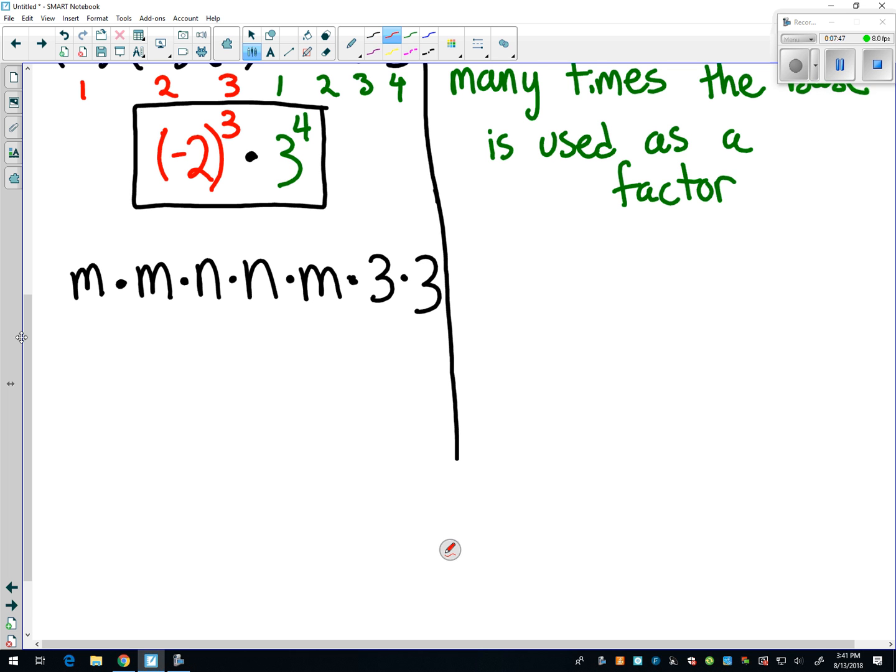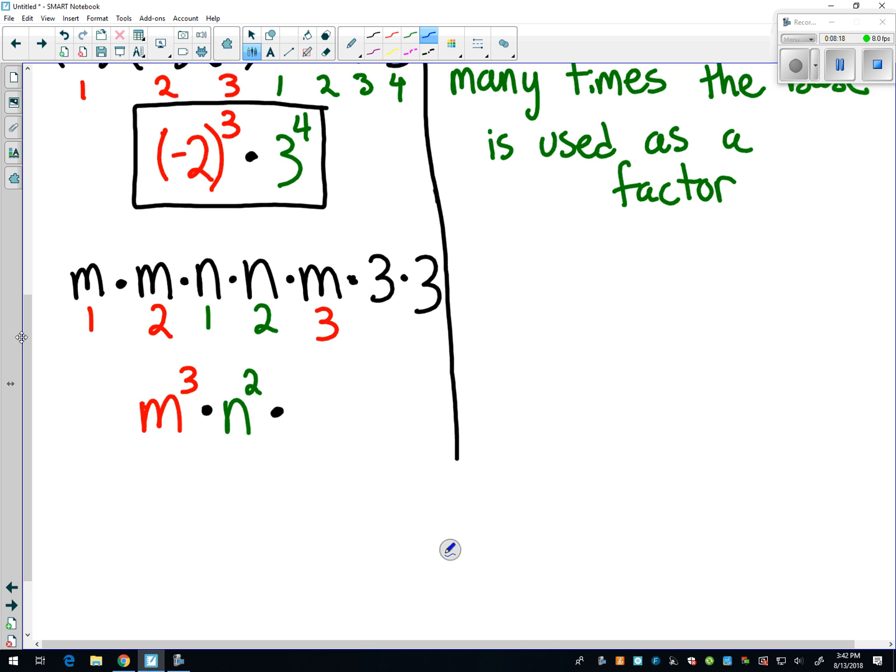Let's start with the first common factor I see. I have 1 m, I have 2 m's, I have 3 m's. So I'm going to rewrite that as m to the third times. Next I have 1 n and 2 n's, so I can write that as n to the second times.